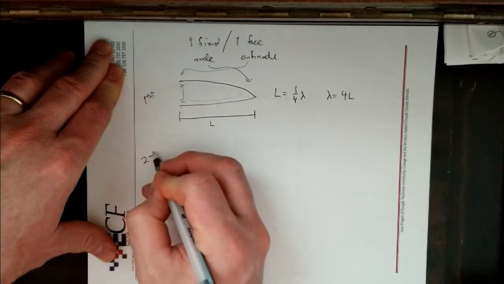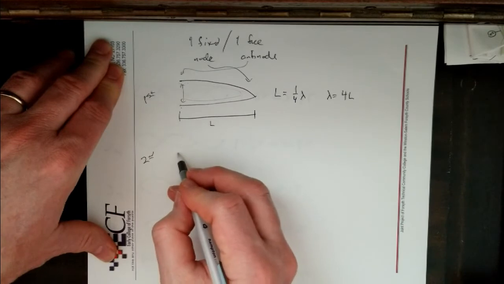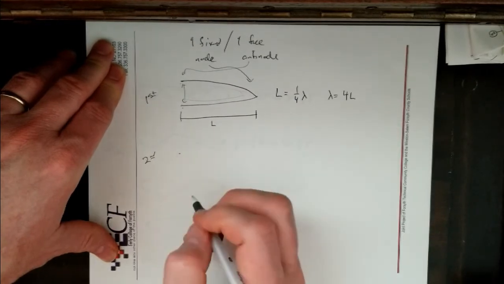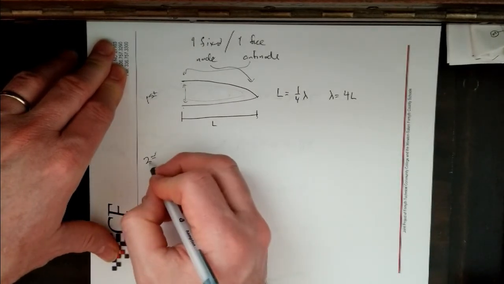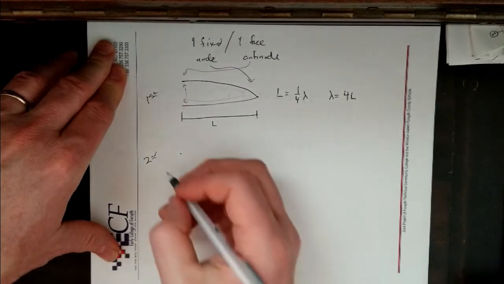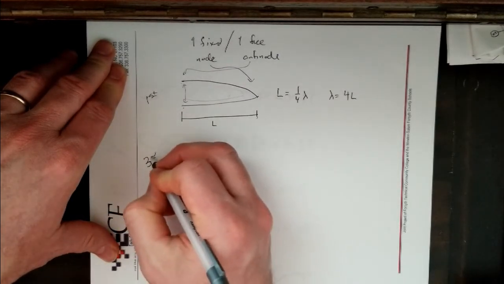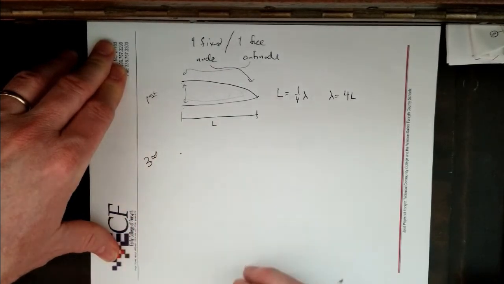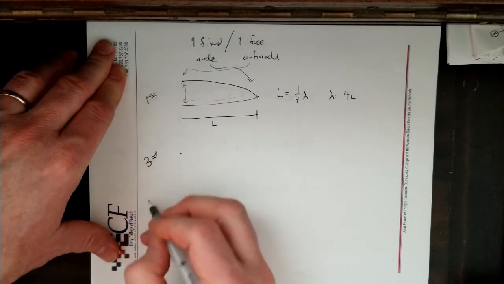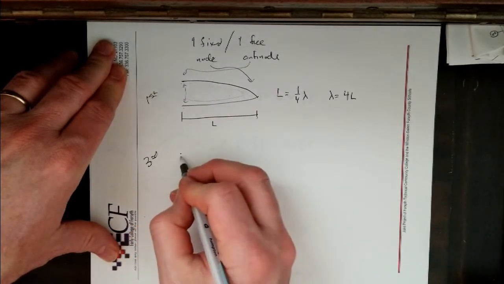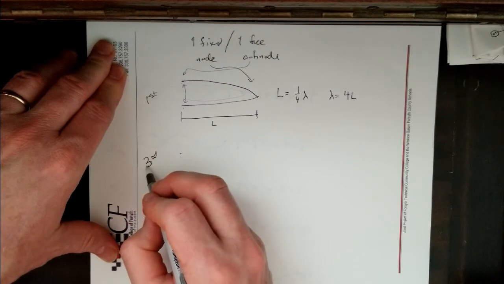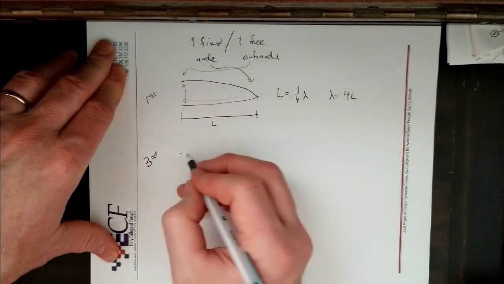The second harmonic, I need to change my vocabulary there. I've been calling it the second harmonic for years now. That actually is the third harmonic. There are no even harmonics on this officially. So third harmonic, then fifth harmonic. The harmonic number is the multiple of that quarter wave, and we'll show that in just a second.